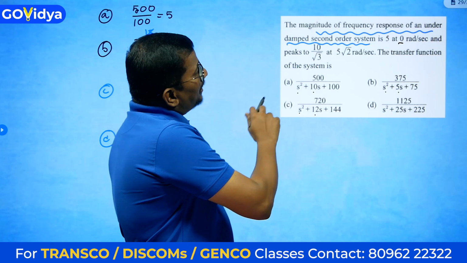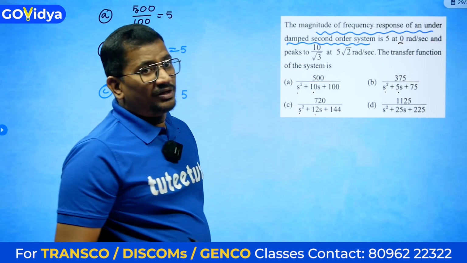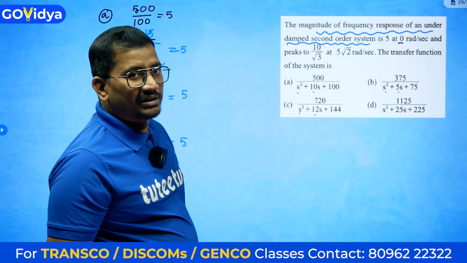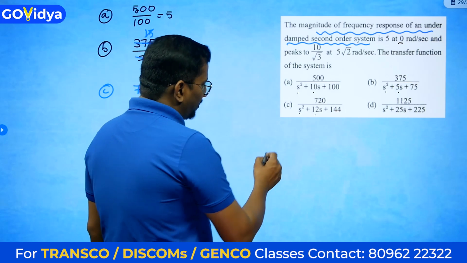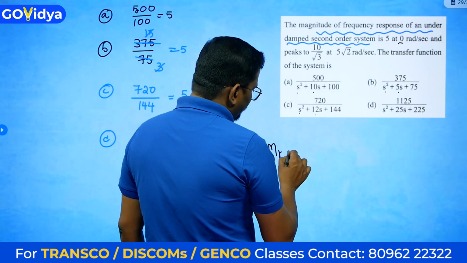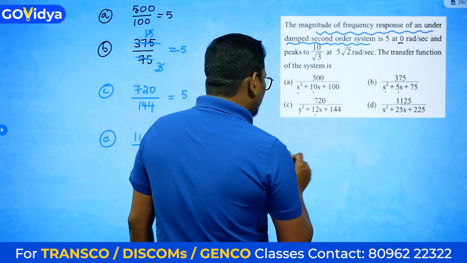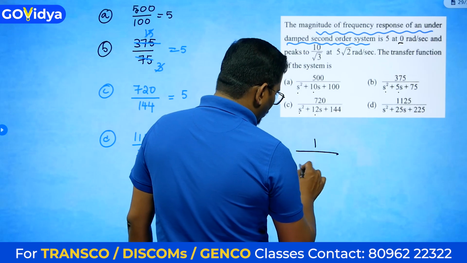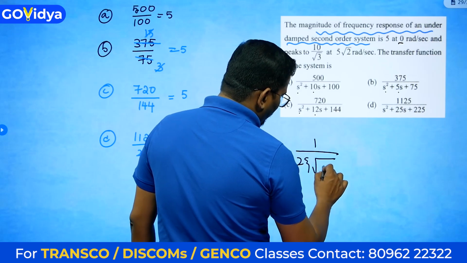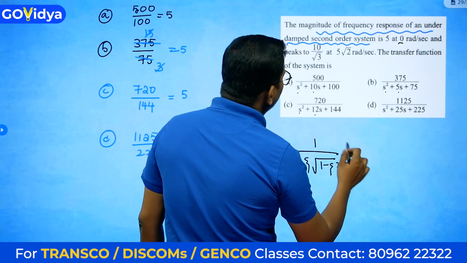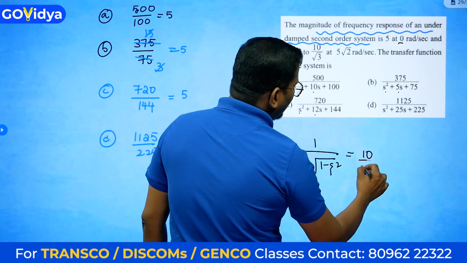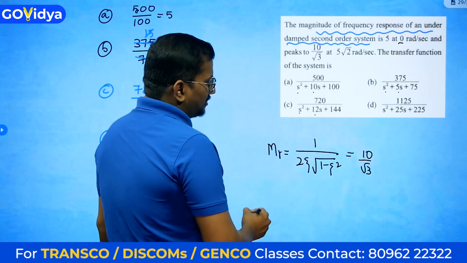Now, peaks to 10 by root 3. Peaks to means resonant peak. So what is the resonant peak formula? 1 upon 2 zeta root over 1 minus zeta square, which is equal to 10 upon root 3. Now rearrange this.